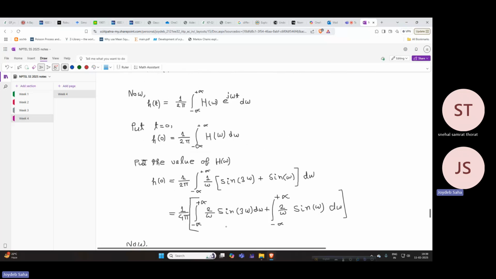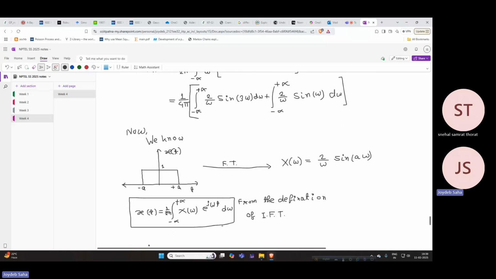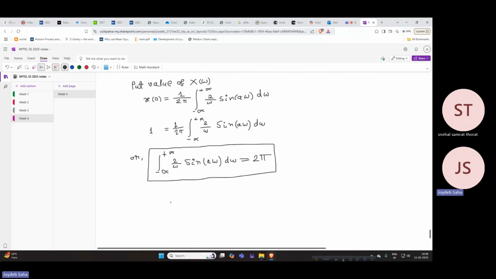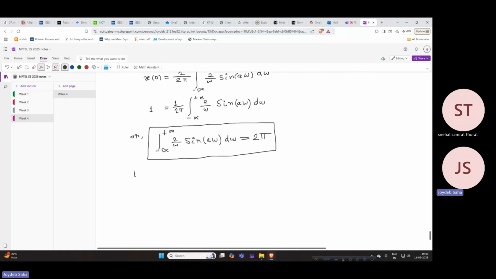So now come to here. Here we are getting a similar type of equation. So yes, sir, I checked it.